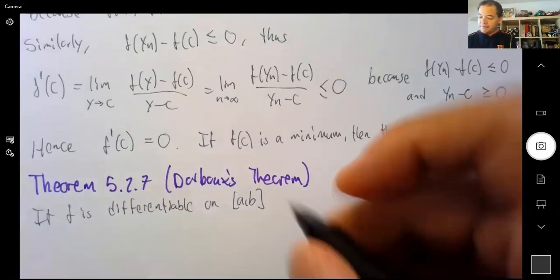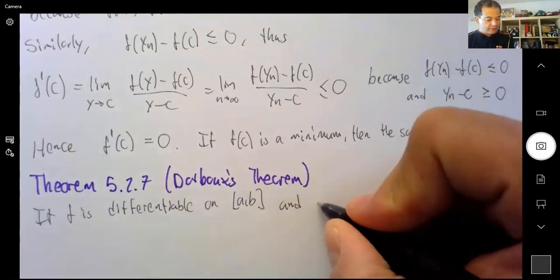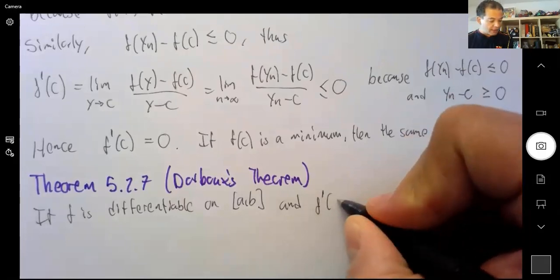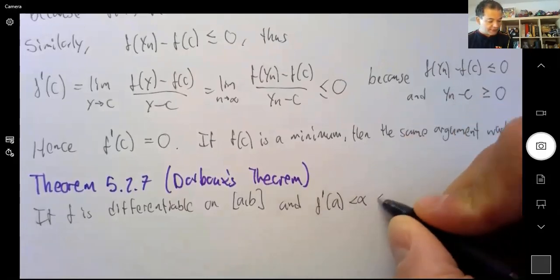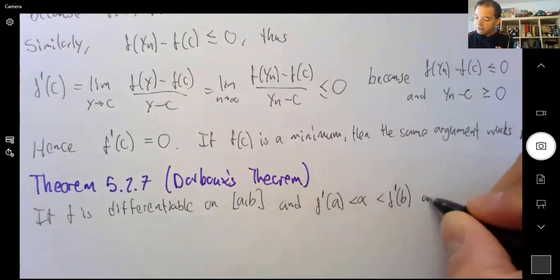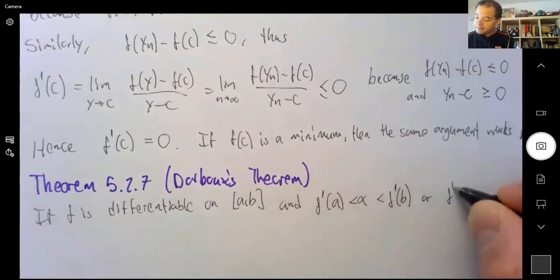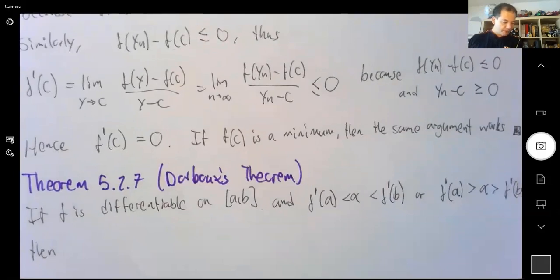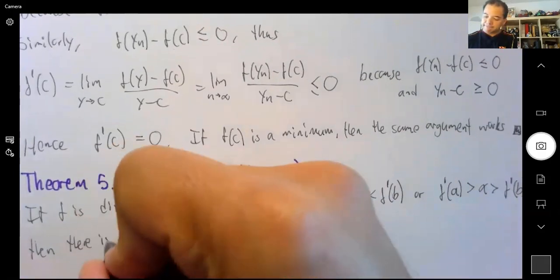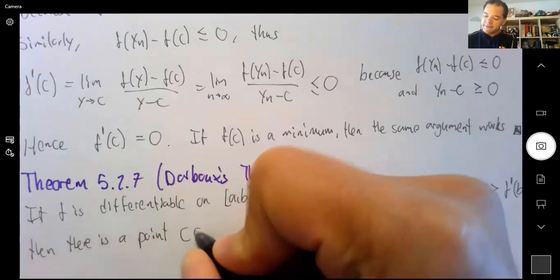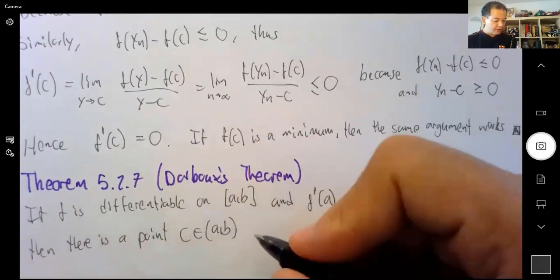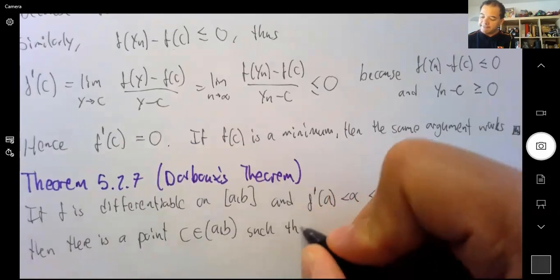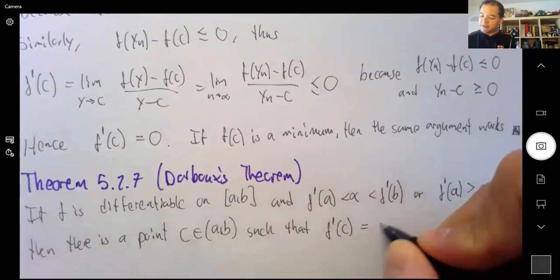So if this happens, and f prime of A is less than alpha, less than f prime of B, or f prime of A is bigger than alpha, bigger than f prime of B, then there is a point C in the open interval AB, such that f prime of C equals alpha.